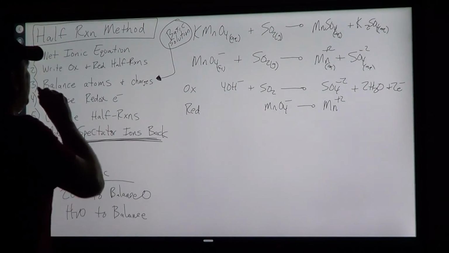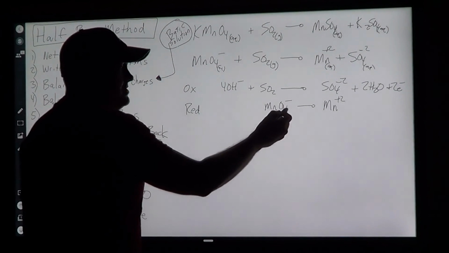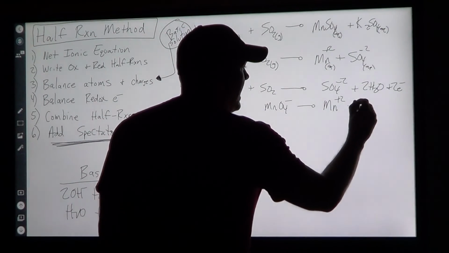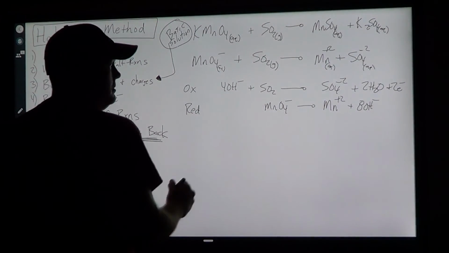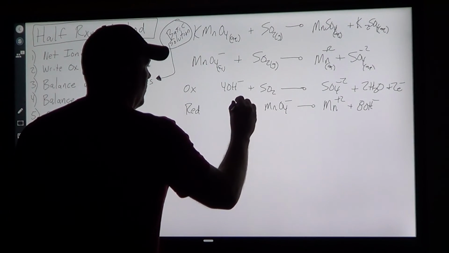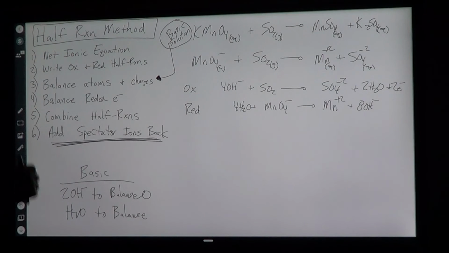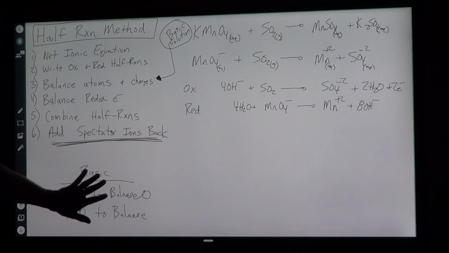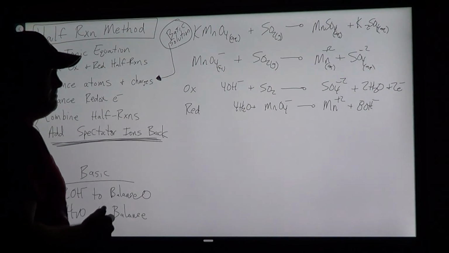Okay, so now we're going to do step 3 for the reduction half. We have 4 oxygens on the left, so we need to add 8 hydroxides to the right, which allows us to write 4 waters. So our atoms are now balanced. And now we need to balance our charges again.